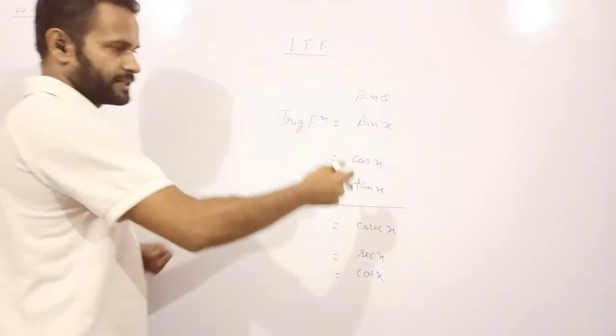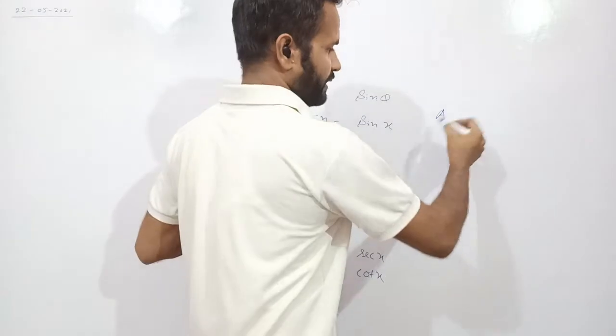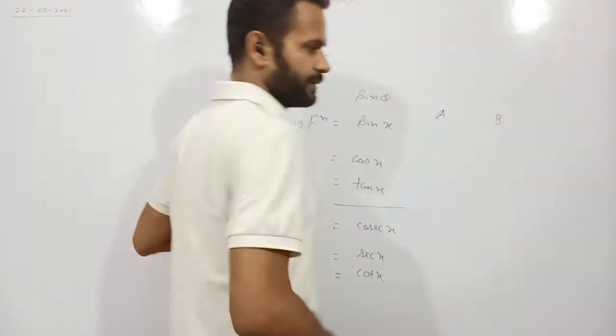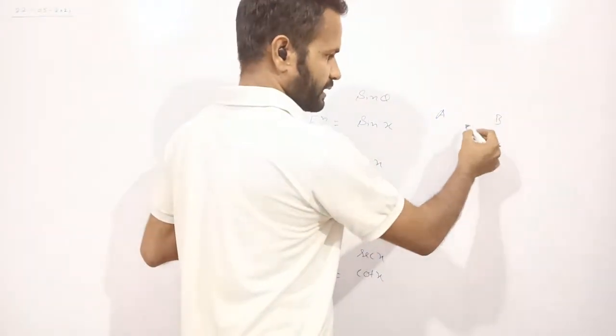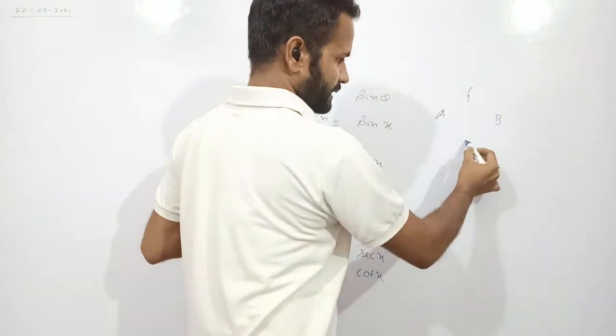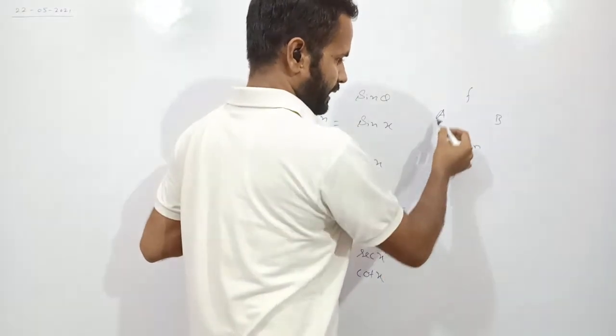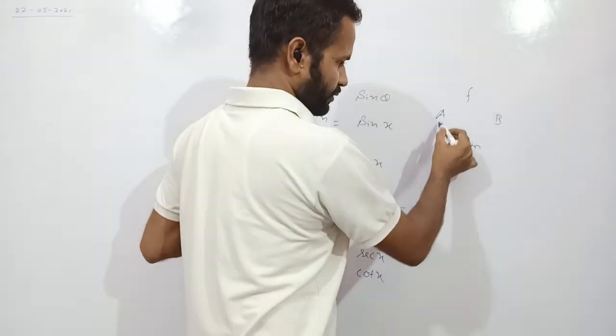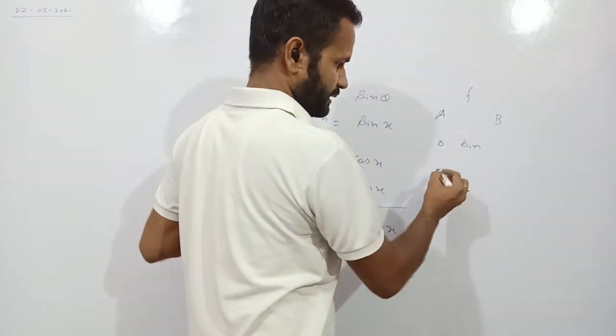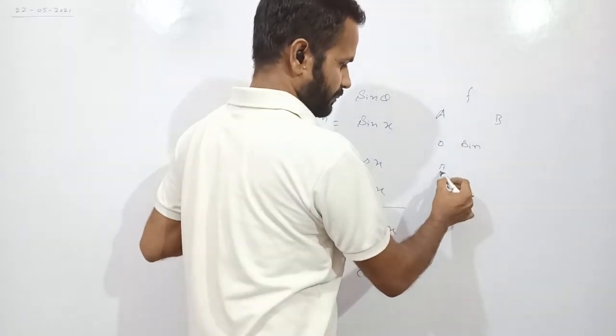Now understand, if we have two sets A and B, and there is rule f, that is sin, and we have value in set A, that is 0 and 5/6.